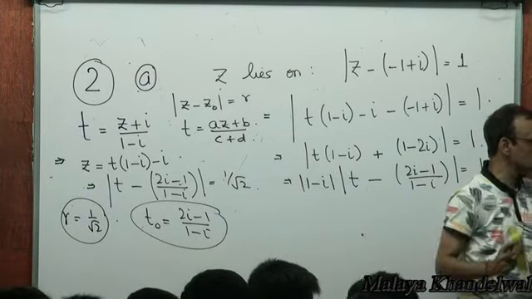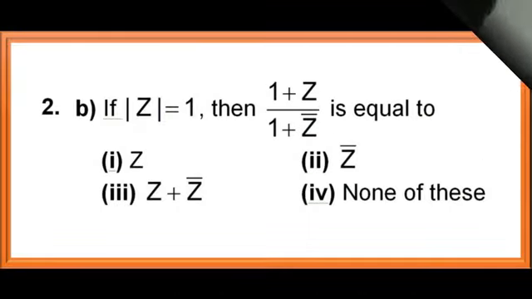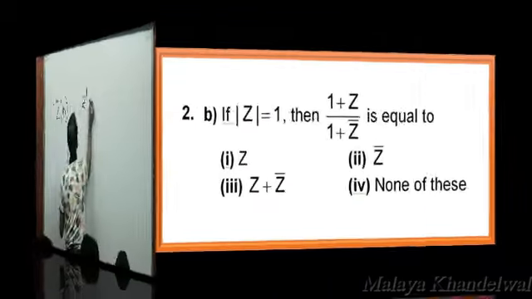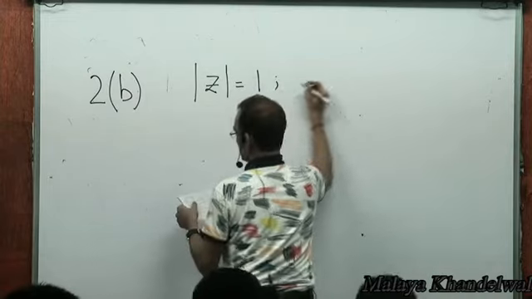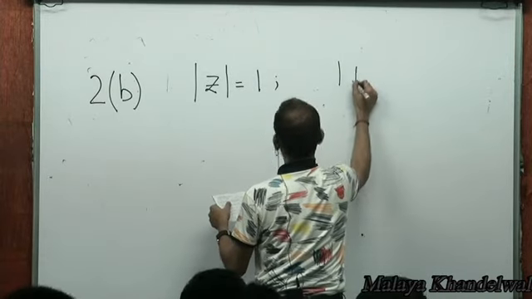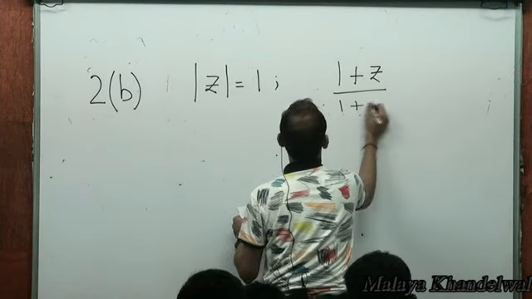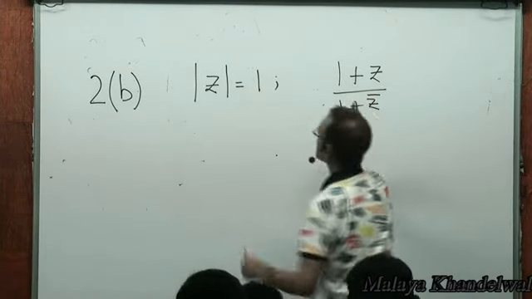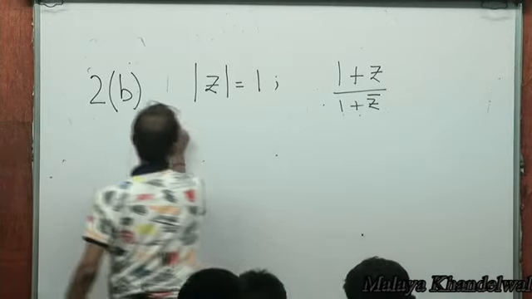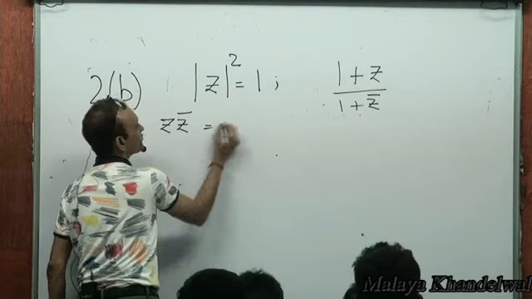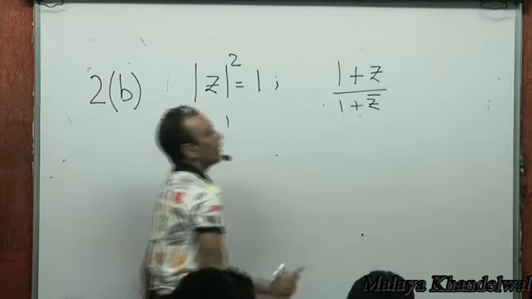Okay, let's look at the next one. Mod z is 1, we need to find the value of 1 plus z by 1 plus z bar. Mod z is 1 means what? ZZ bar is 1, mod z squared would be 1, right?